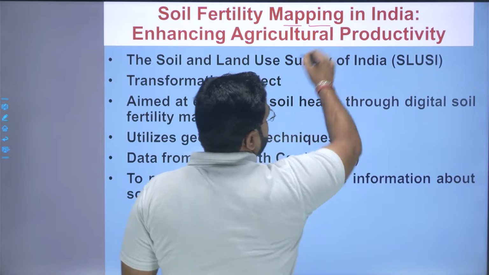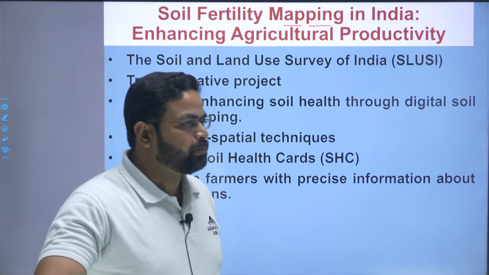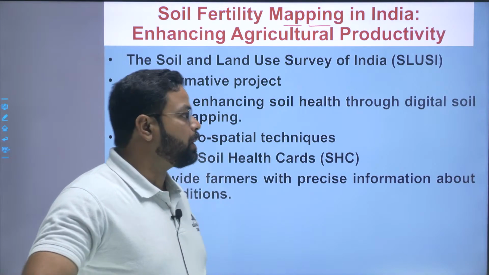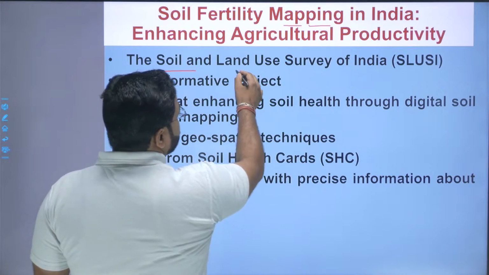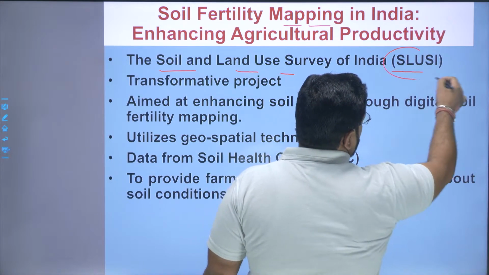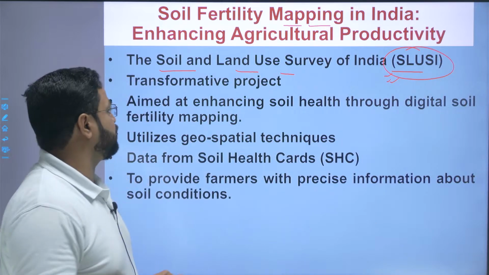So the government of India is conducting this work, and this project is being implemented to map the soil fertility of Indian soil throughout India. And in this, the Soil and Land Use Survey of India, SLUSI, is the organization which is responsible for this project.